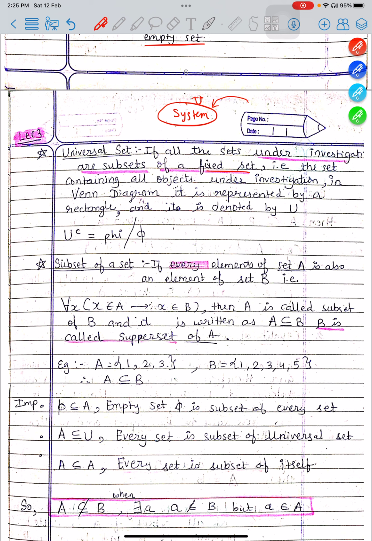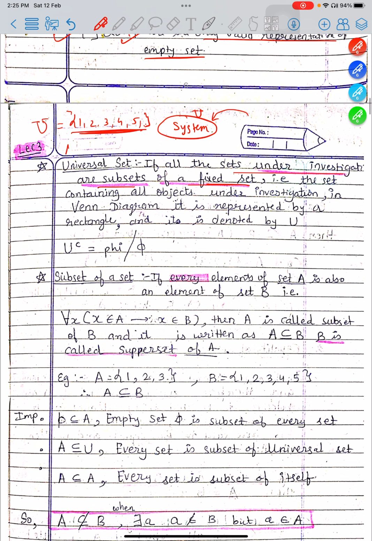When I'm taking numbers as 1, 2, 3, 4, 5 like this, so this much is my system, my universal set. So if I take 1, 2, 3, 4, 5, then A and B are subsets of this universal set.